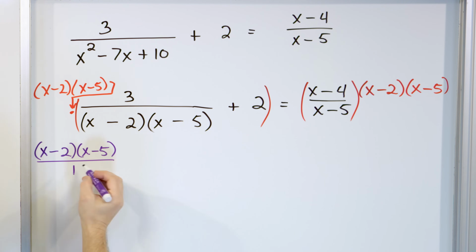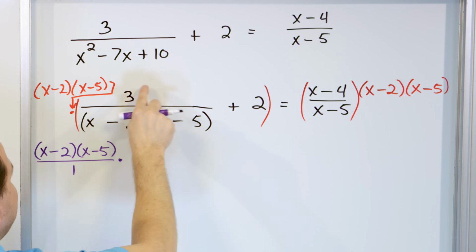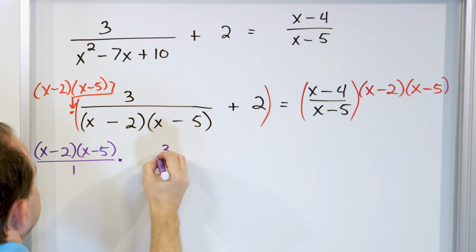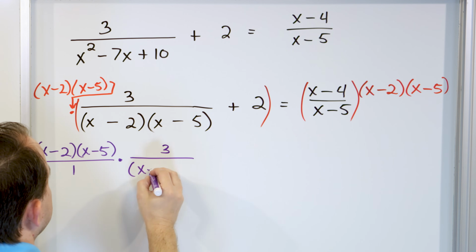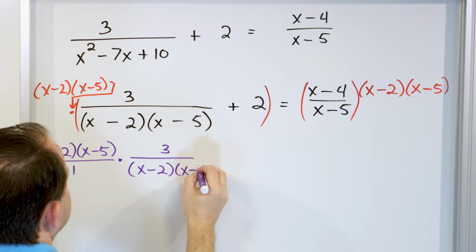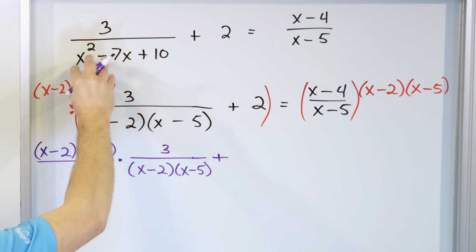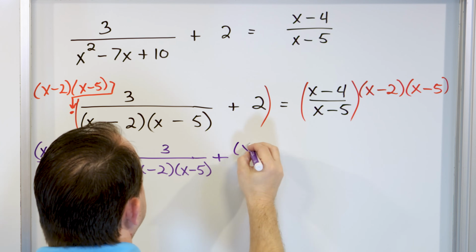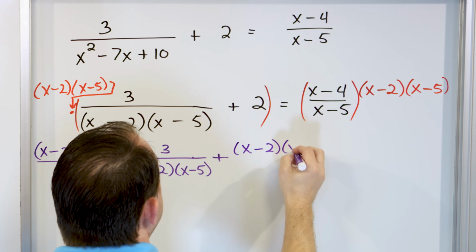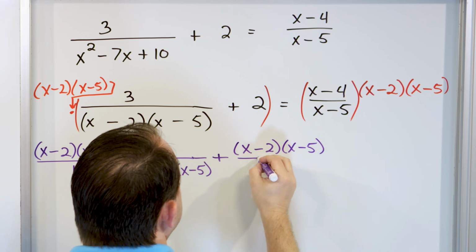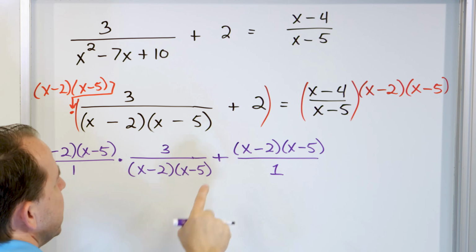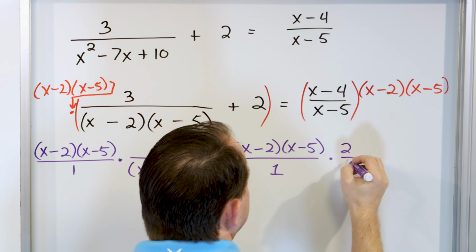This can be written as a fraction of over 1. Then you're going to multiply it by this first term, which is 3 over x minus 2, x minus 5, like this. Then you're going to have this same thing multiplied by 2. So you'll have x minus 2, x minus 5. This is going to be over 1. You're going to multiply by 2, right?